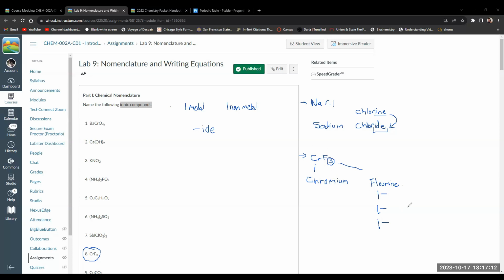We need to balance the charges out so that they equal 0. So what charge would chromium be if we have 3 negative?